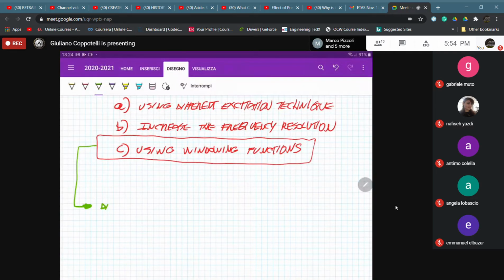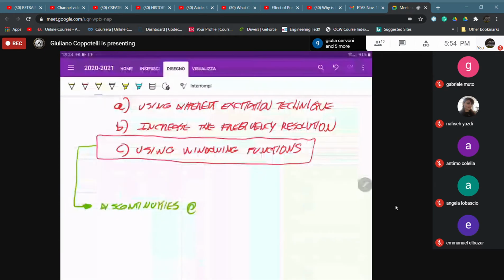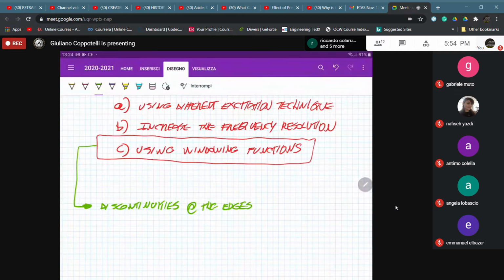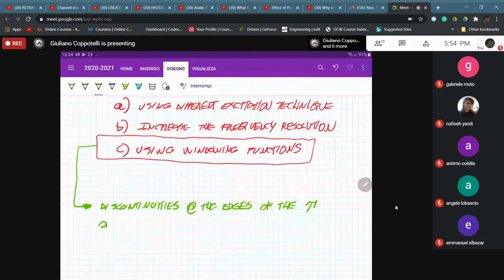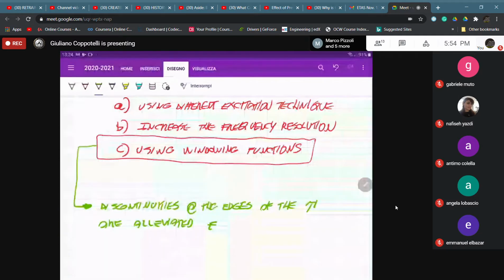So discontinuities, let me say at the edge of the observation time, so of T, are not eliminated. We can't do that much, but are alleviated in two ways.